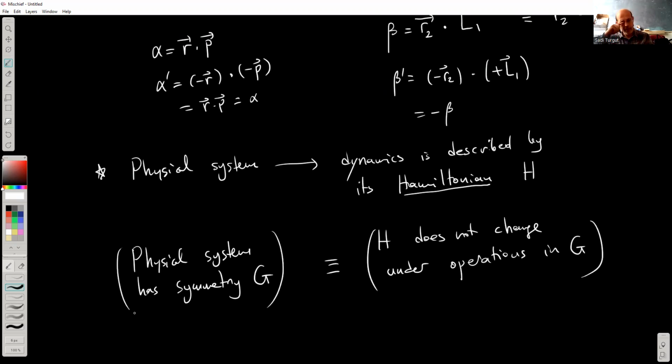So we express the symmetry of a physical system by the symmetry of its Hamiltonian function or Hamiltonian operator. To be able to do this, of course, you have to understand how you apply the abstract symmetry operations of that symmetry group to a function like that. That's something else. We may need to talk about this later.